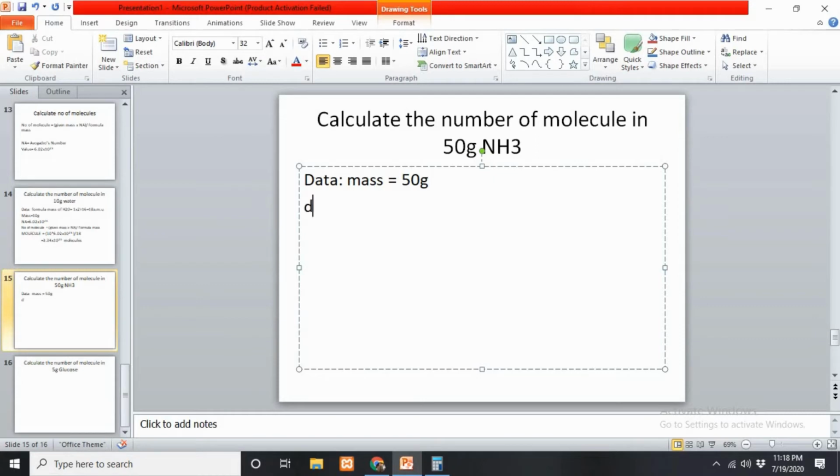The formula mass of NH3 is equal to the atomic mass: the mass number of nitrogen is 14 and the mass number of hydrogen is 1, and it contains 3 atoms so it is multiplied by 3. 14 plus 3 is equal to 17 AMU.